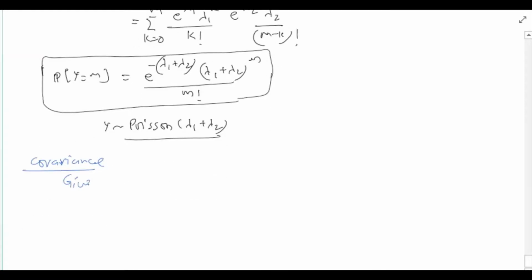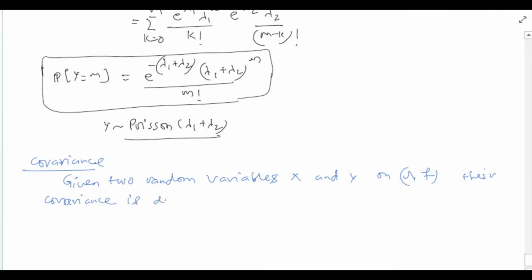Given two random variables X and Y on the same space, their covariance is defined as Cov(X, Y) equal to the expectation of (X minus expectation of X) times (Y minus expectation of Y).